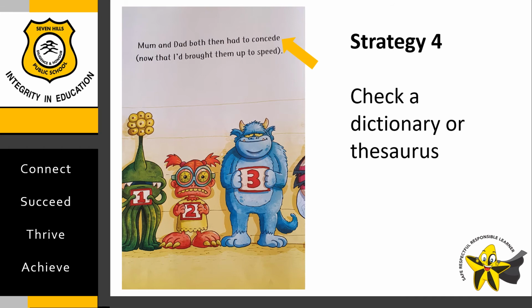Well, there are some other things, and I know in particular, in stage 3, you should be using a digital spell checker, but you can also use digital thesauruses and dictionaries if you're not sure and you can't find clues in the text. You can't work out what the meaning might be based on the story so far.